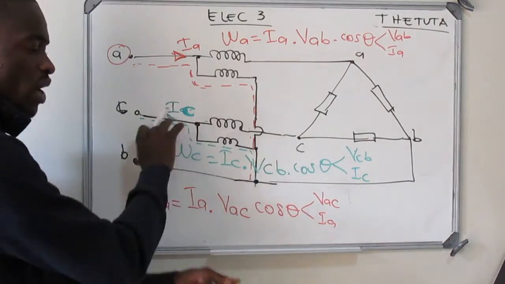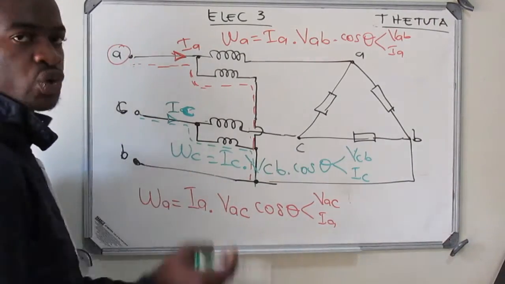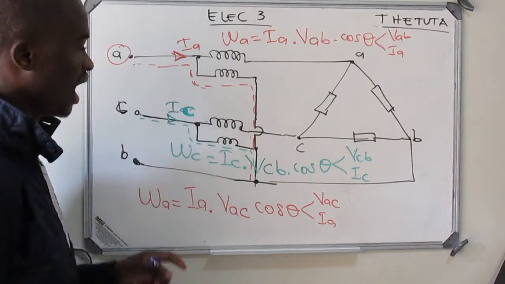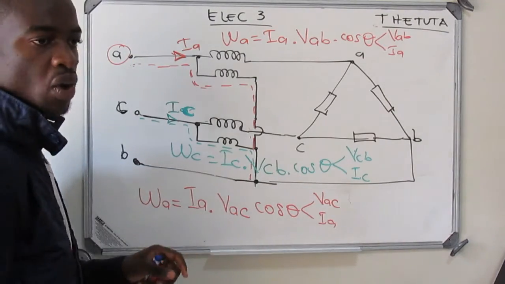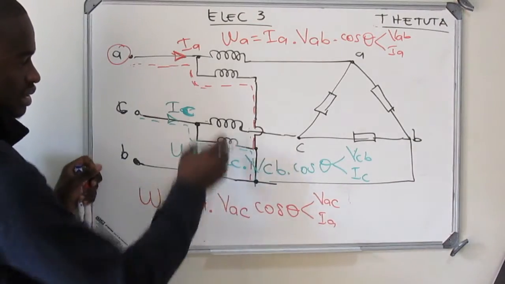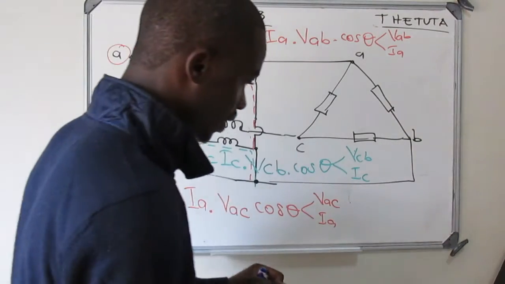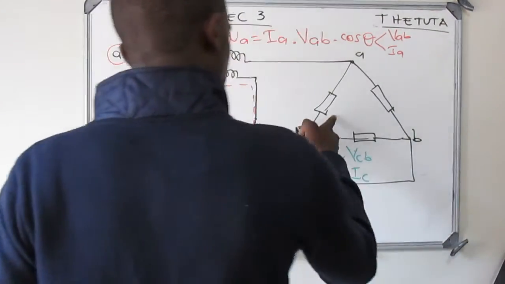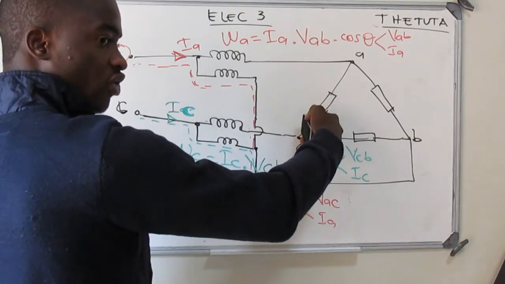So no matter where they put it, this is how you do your reading of the wattmeter. Even if they put three wattmeters, but it's not applicable, but most of the time, this is what's going to happen here, for the delta load.